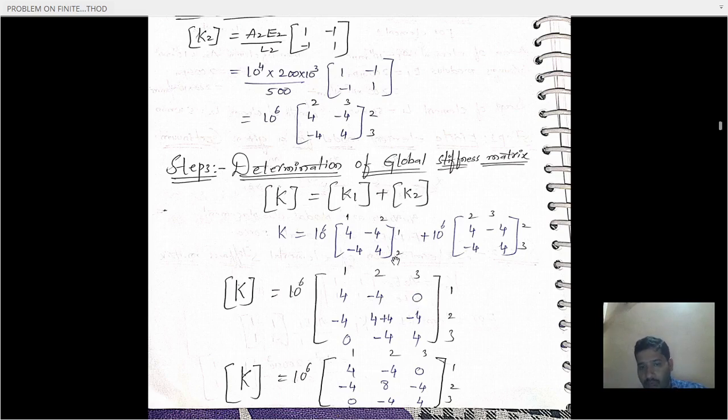Come to this point. 2 into 1 is minus 4. 2 into 2, how much dear? 4, but here there is also a 2 into 2, so this 4 is added again. 2 into 3 is not there on this side, but it is there on the other side. 2 into 3 is minus 4.